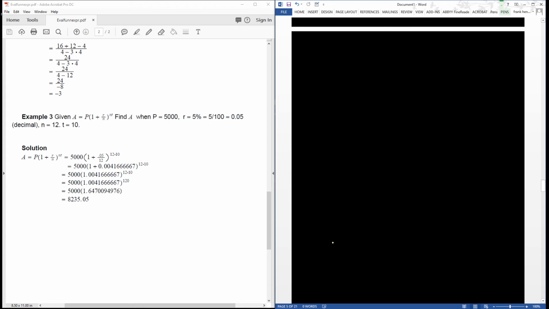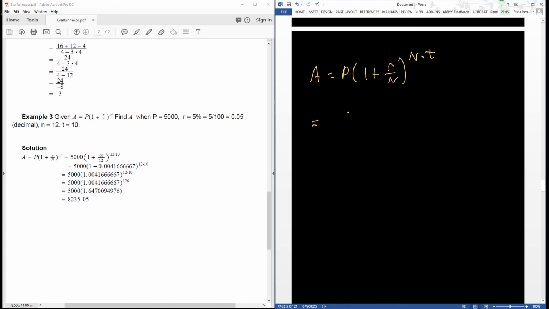This last one here, we have A is equal to P times 1 plus r over n, raised to the n times t. So they give us values here. So we just rewrite it.